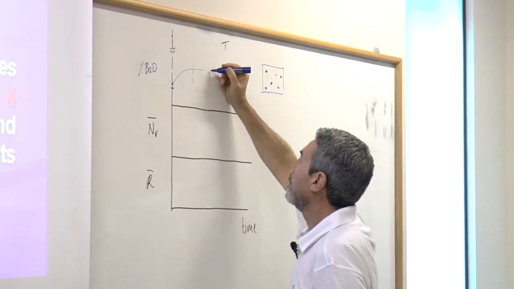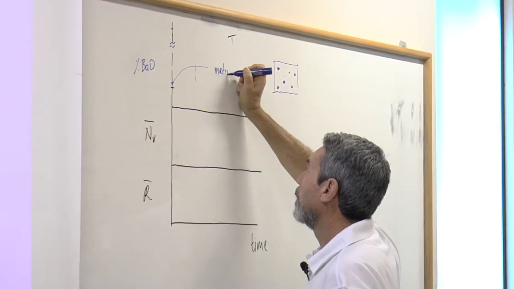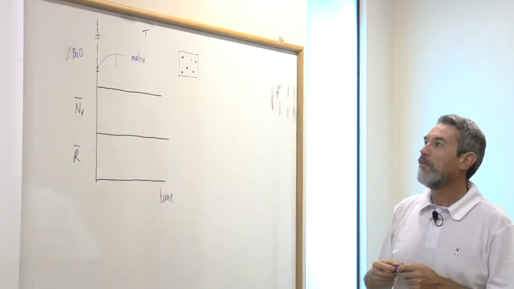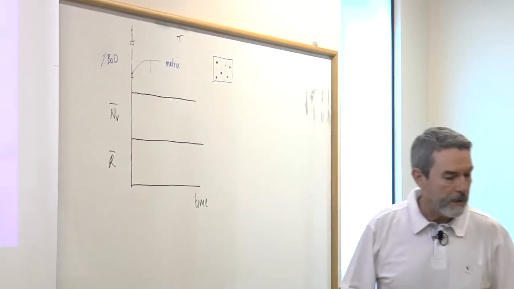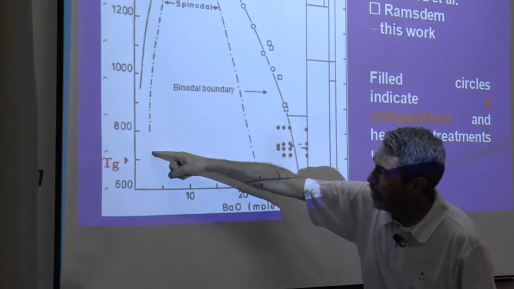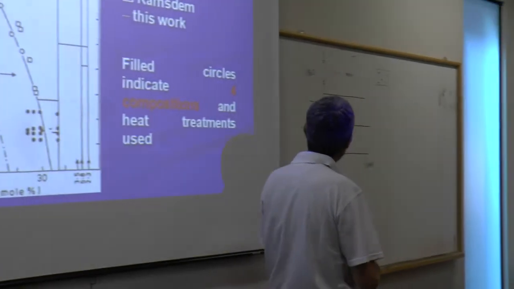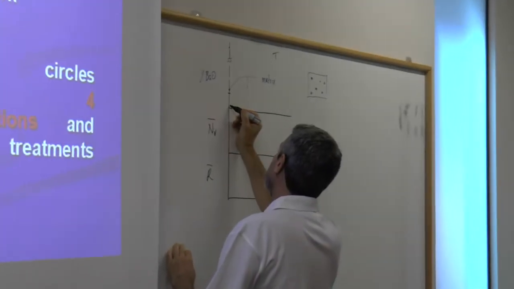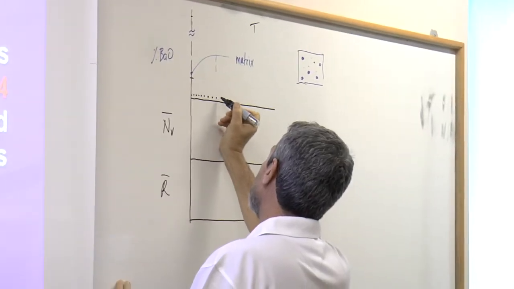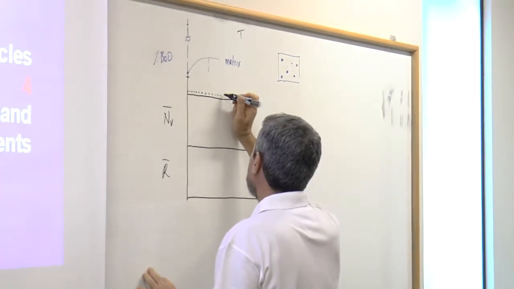This is in the matrix phase. How about the percentage of baria in the silica particles? In the silica particles, it's here, 5%, it does not change much. So the silica particles will have only 5% of baria. So this is the particles.